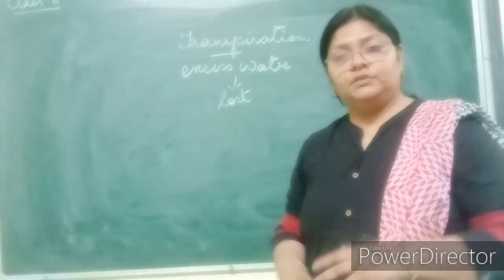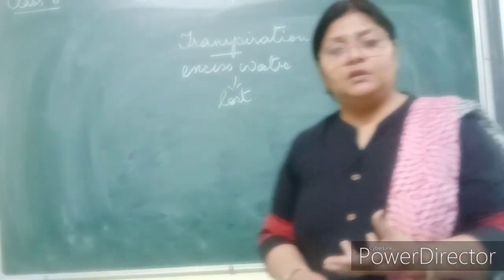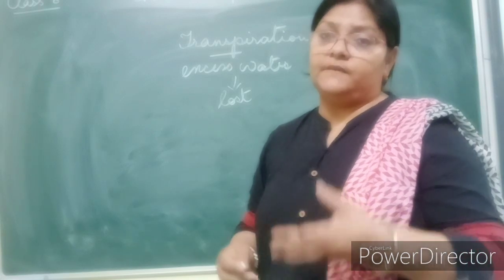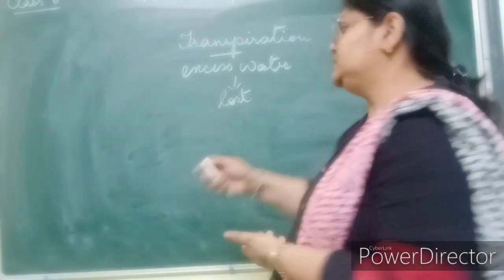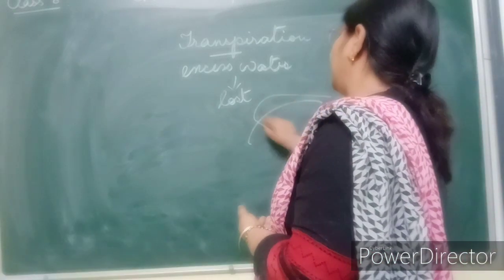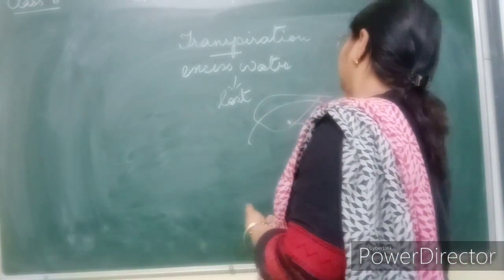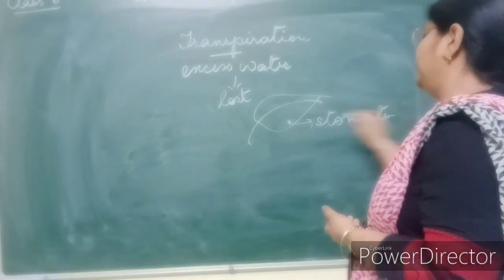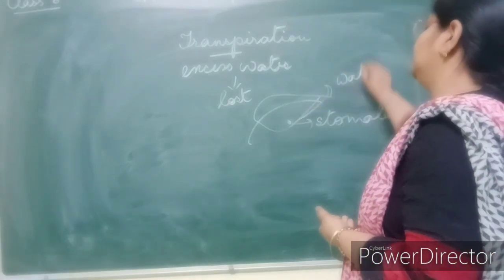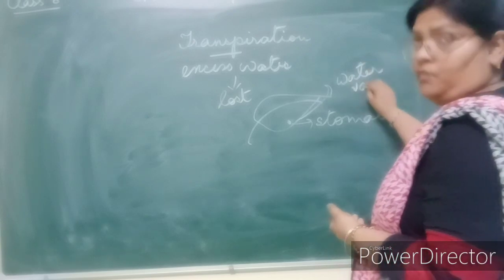The water uses up the internal heat of the plant and converts the liquid water into water vapor, which is given out through the stomata present in the leaf, okay, in the form of water vapor. So how does it go into the atmosphere? As water vapor.